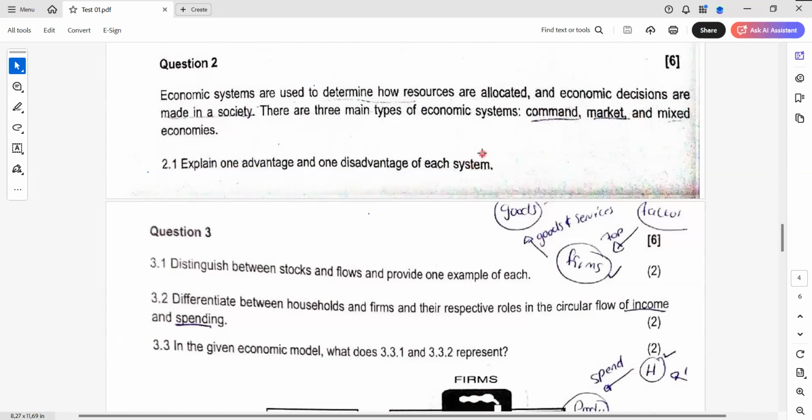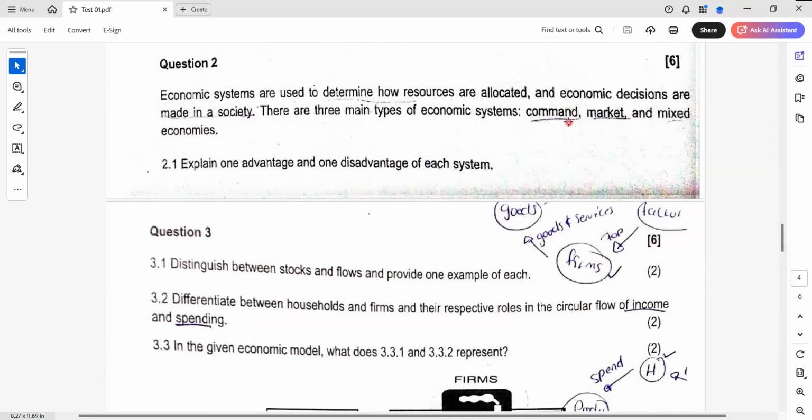So we're going to start with the command. Remember, we said that is where all the resources are owned by what? By the government, right? In the command system, all resources are owned by the government. And the advantage of that is that there's a guaranteed equal standard of living, right?